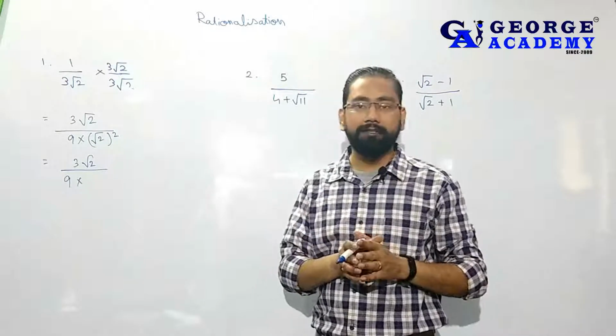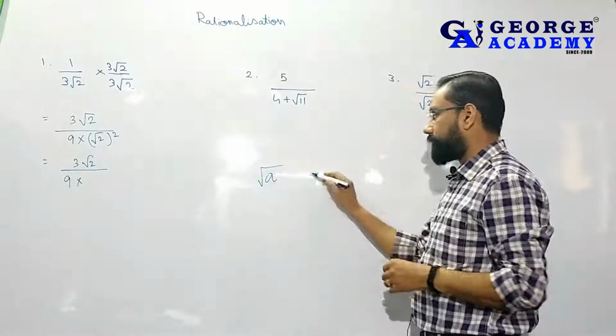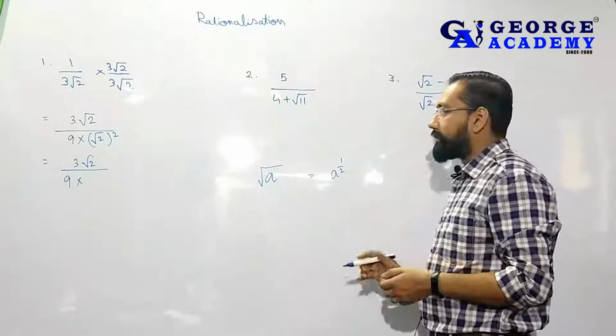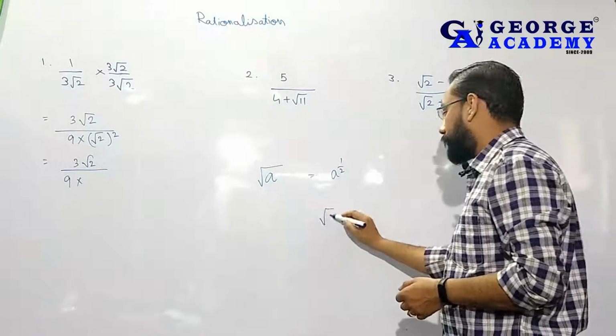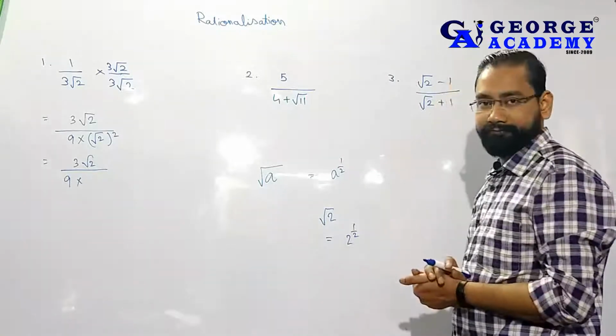Because root means to the power of half. Root over of a means a to the power of half. That means root over of 2 means 2 to the power of half.